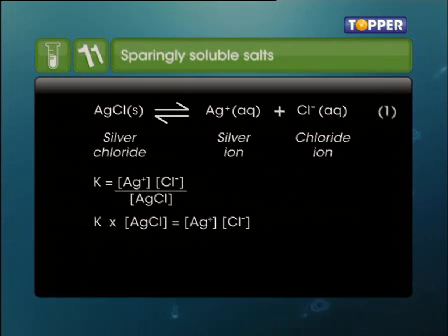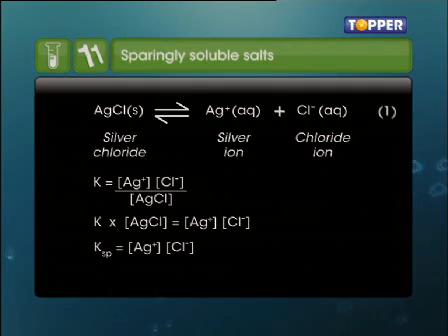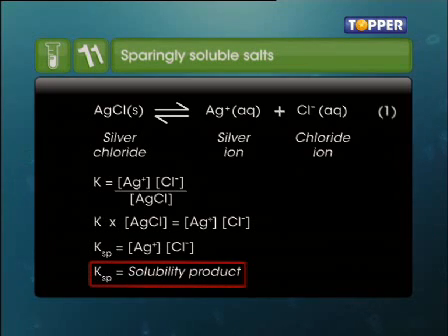Since AgCl is a sparingly soluble salt, the concentration of the undissociated solid AgCl is constant. The product of K and the concentration of undissociated solid is known as the solubility product and is denoted by Ksp as shown.